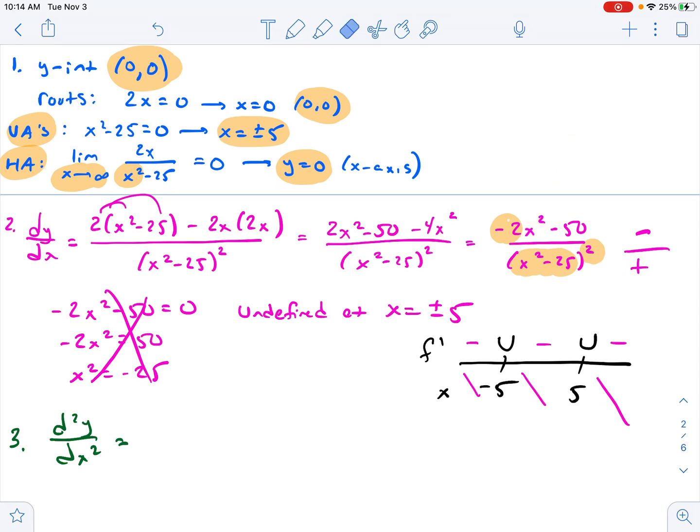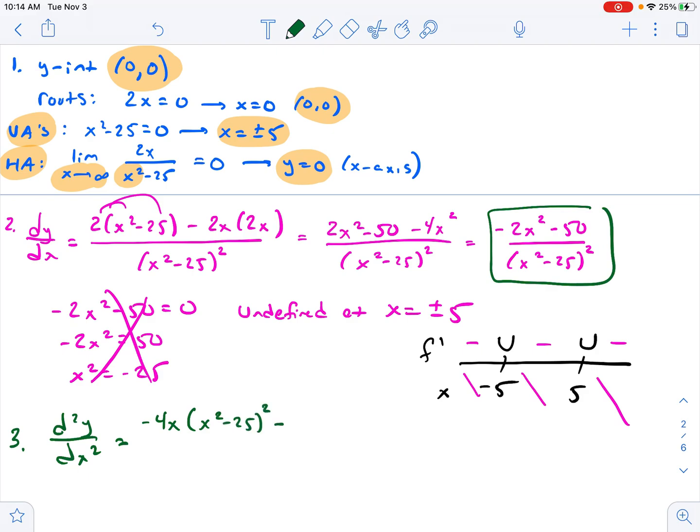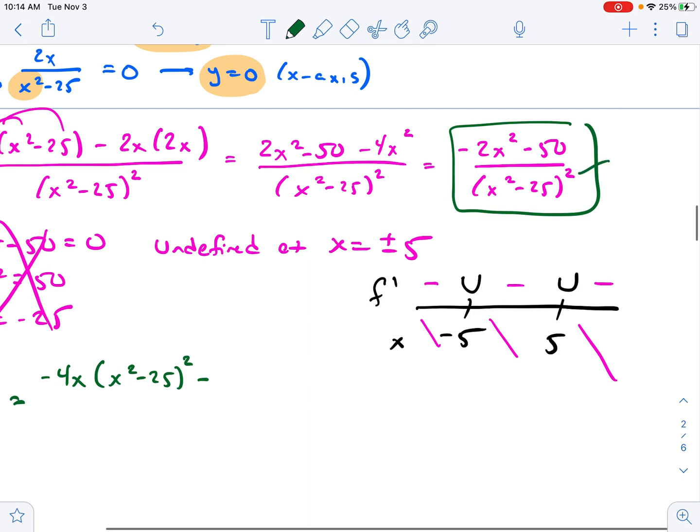And over here is my cleaned up form of the first derivative. Okay, so I'm going to be taking the derivative of this, again using the quotient rule. Derivative of the top, not bad, -4x times the bottom. Minus, okay, derivative of the bottom, that's actually going to require the chain rule because it's a quantity to a power. Bring down the power, leave the inside alone.